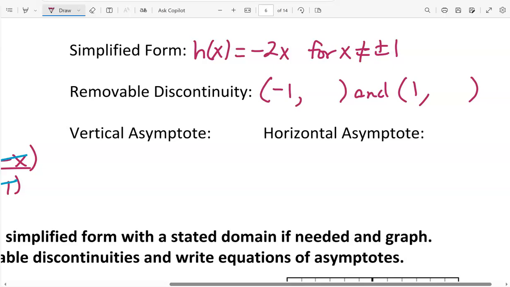And I can find the y values by replacing x with negative 1 and also with x equals positive 1. When we replace x with negative 1, h of negative 1 is negative 2 times negative 1, which is positive 2. h of positive 1 is negative 2 times 1, which is negative 2. Since this is a linear function, there are no vertical asymptotes and no horizontal asymptotes.